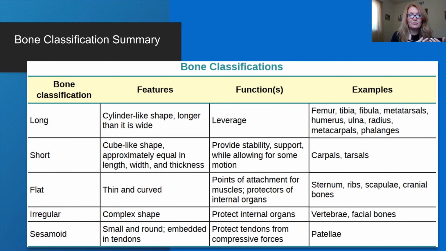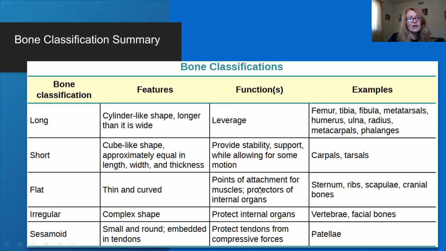We have different shapes, so we expect the function to be a little bit different, like long bones for leverage. That's a good shape to make a lever. Remember first class, second class, third class that we just discussed, with the fulcrum. So long bones for leverage. Short bones provide stability and support while allowing for some motion.